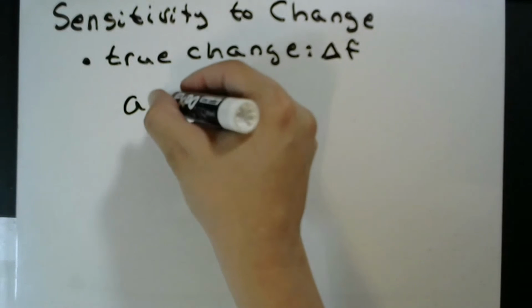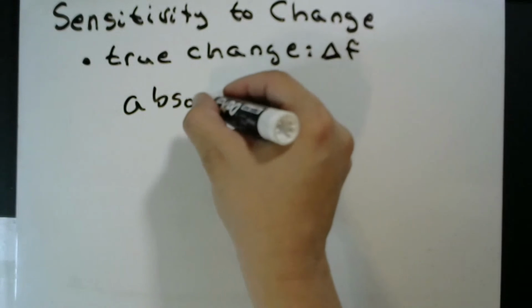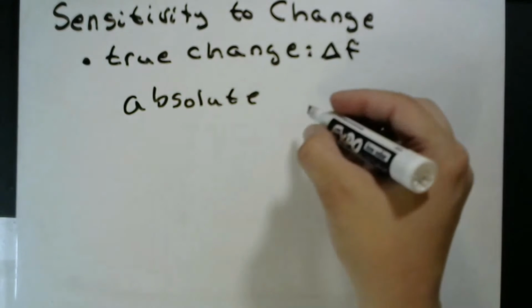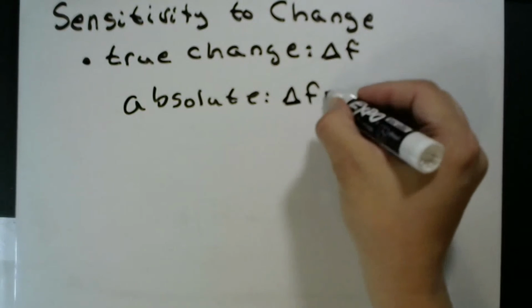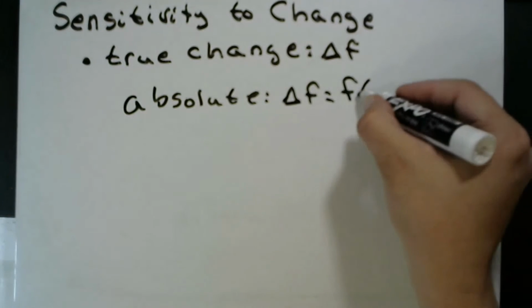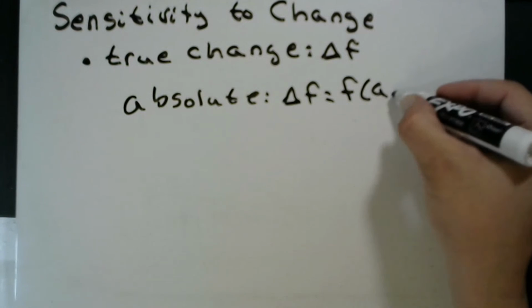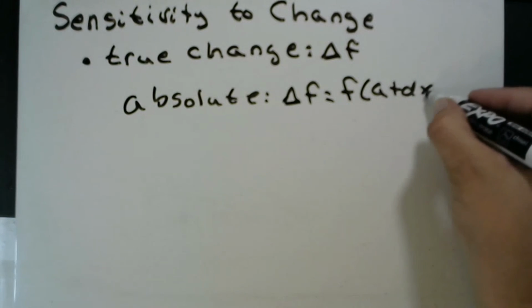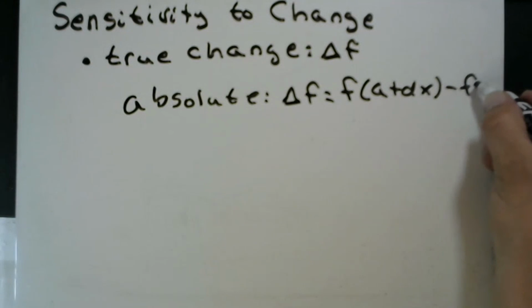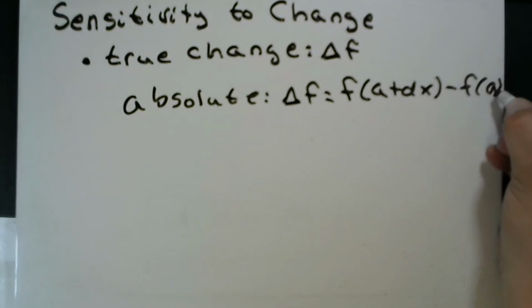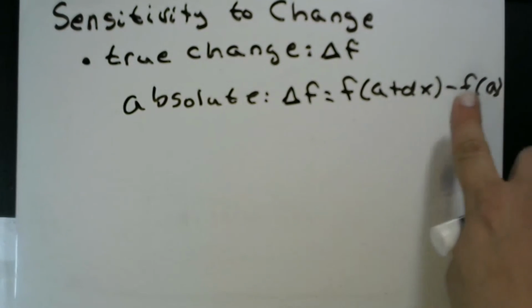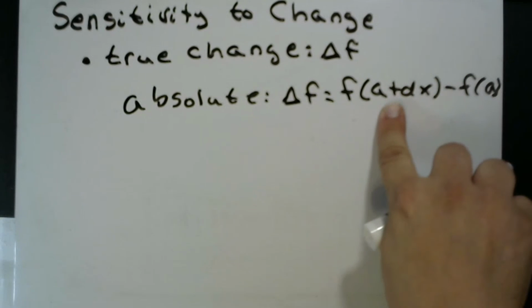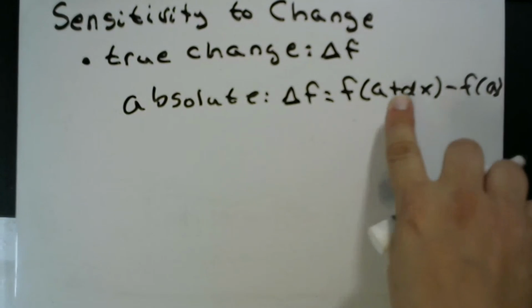So the absolute is delta F. Well, it's just the change in F. So again, what we're interested in is how big is this going to change? How big is this when we go from this x value to this x value? That's what we're interested in.